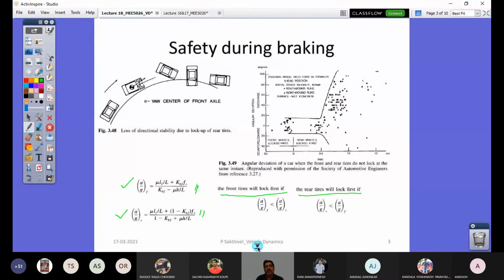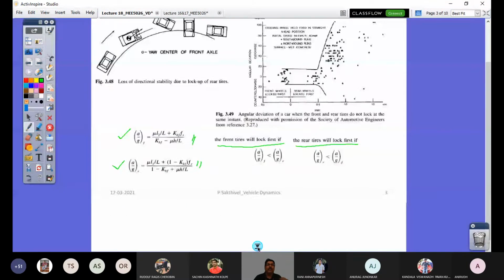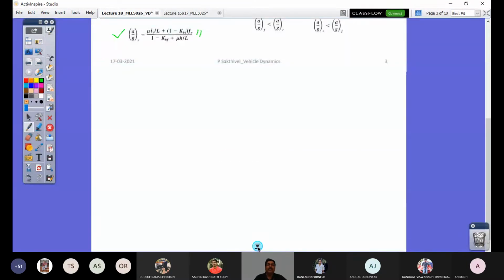So for the derivation part of this, I'm going to consider only the inertia as the resistance. I'm not going to consider aerodynamic force or drag resistance or grade resistance and so on, right? You know the total resistance in the vehicle: the aerodynamic resistance, rolling resistance, grade resistance, drag resistance, and the inertia vector.